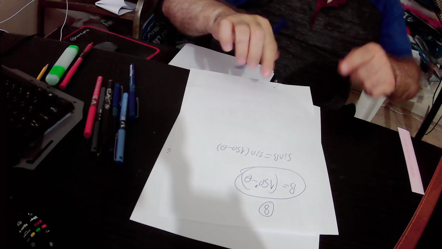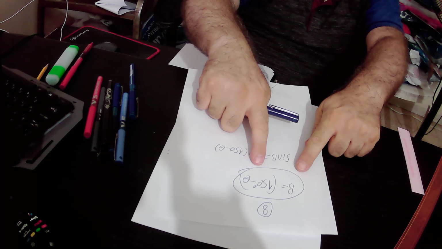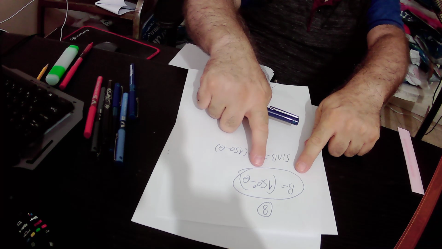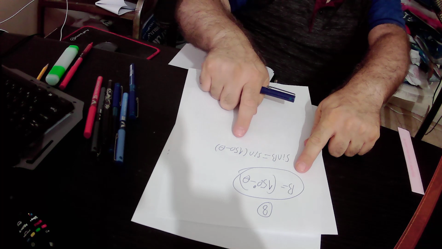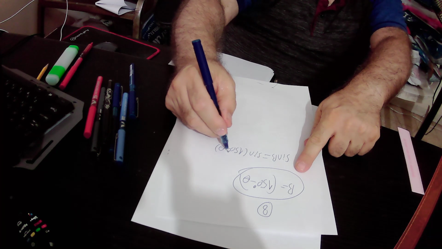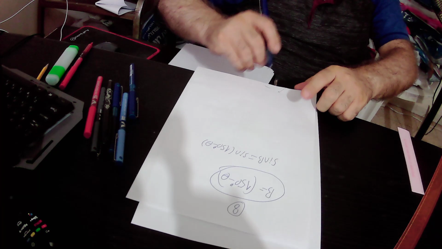Okay? Beta equals 150 degrees minus theta, so sine beta equals sine of 150 degrees minus theta. Very simple.